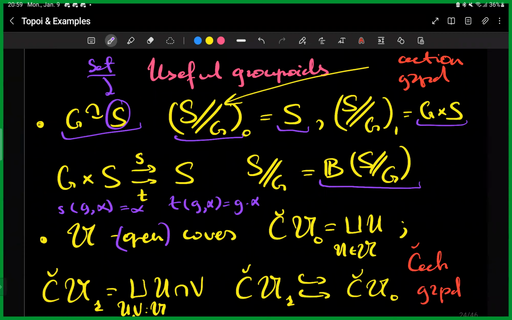Even that. So it's not just some simplicial sheaf on manifolds, but it's actually a simplicial manifold. In a sense it's a representable simplicial presheaf, even a simplicial sheaf.